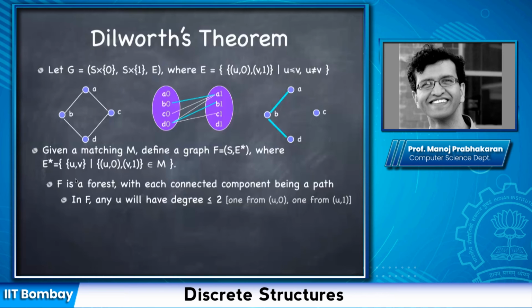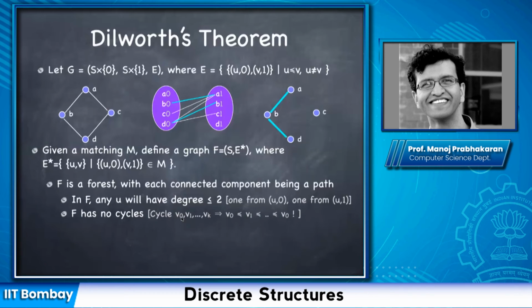Graphs in which every node has degree at most 2 decompose so that each connected component could be an isolated vertex, a path, or a cycle. However, in F, I claim that there cannot be any cycles.